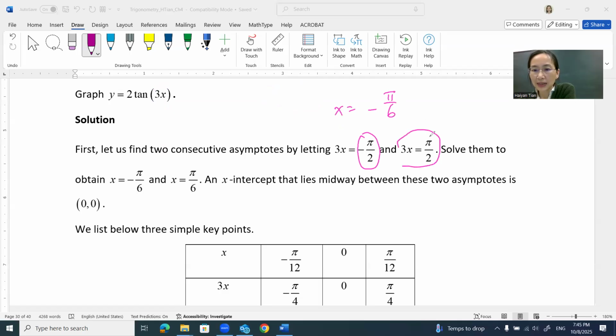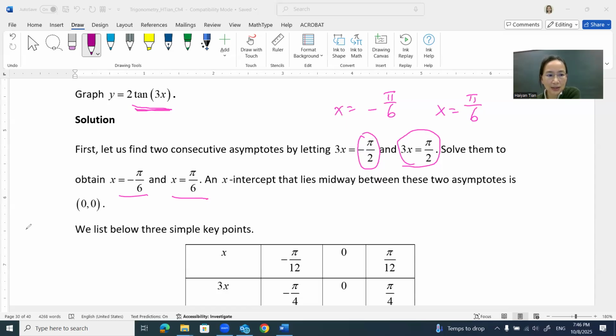For the other one, we divide by 3, so x is positive pi over 6. So that means we figured out already the vertical asymptotes for this function. That means our one period should be contained between negative pi over 6 and positive pi over 6.